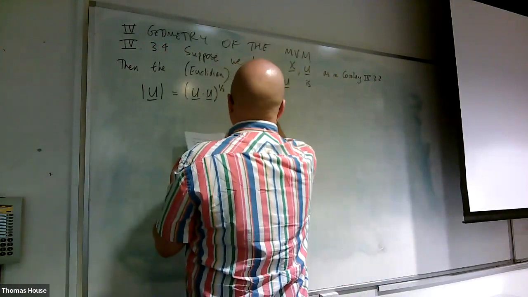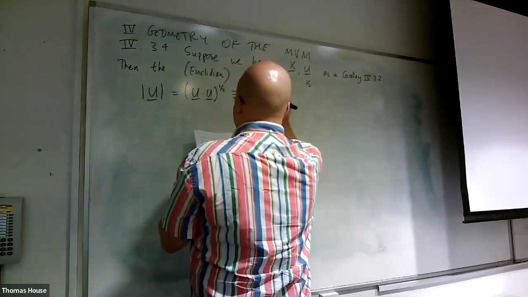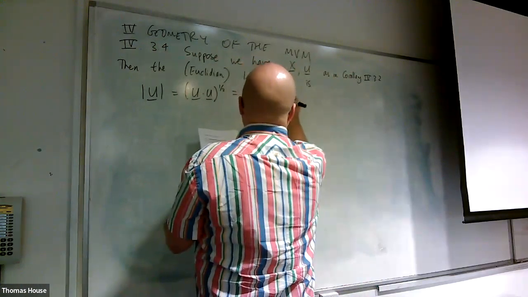Okay, so how did we define U? Well, it was C inverse times X minus mu.